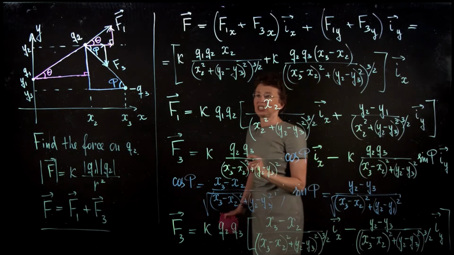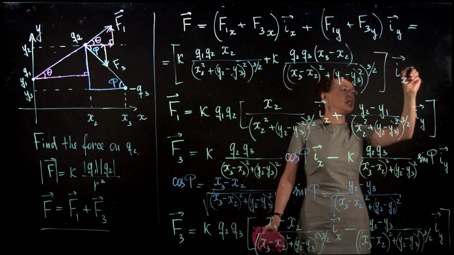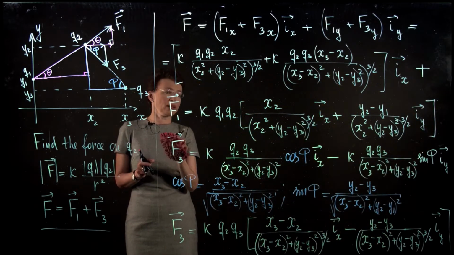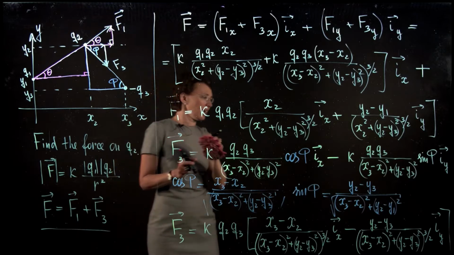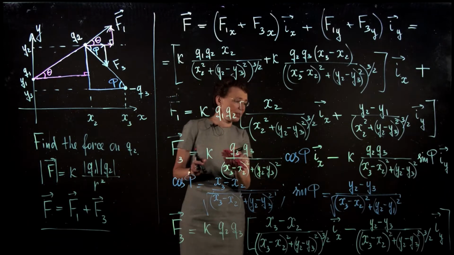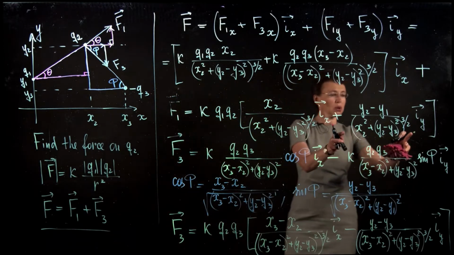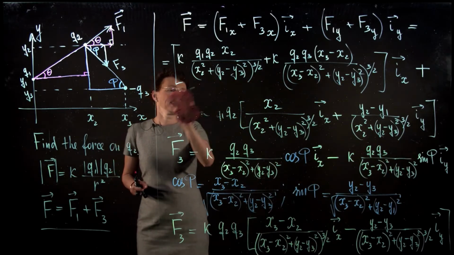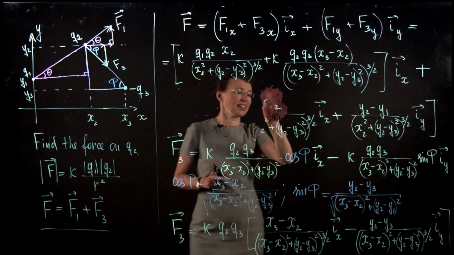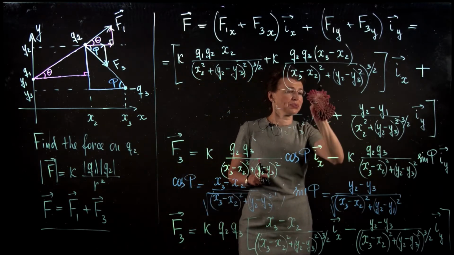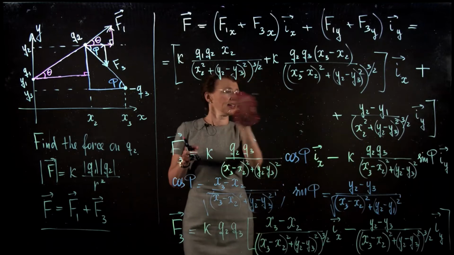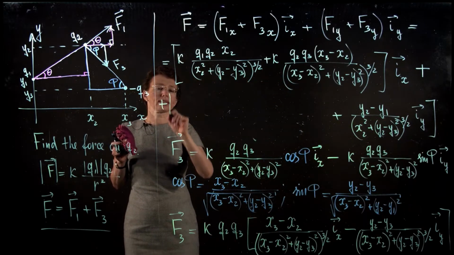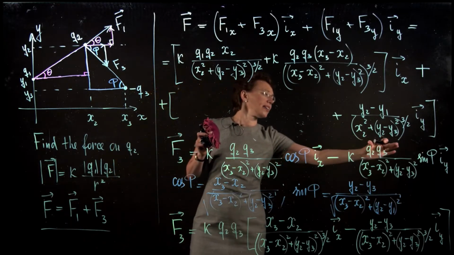And now we need to add the y components, so we need to keep going. I will erase the x component of F1, and we will keep the y component of F1 so far because we need it. I will just rewrite it. So it is positive. I will bring this piece right here. So plus F1y is right here.